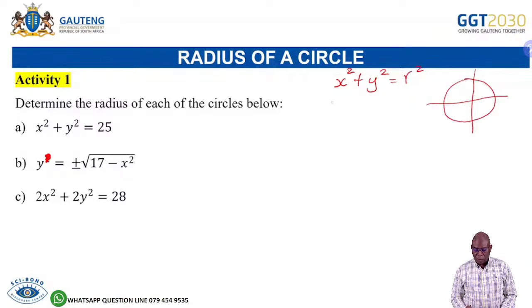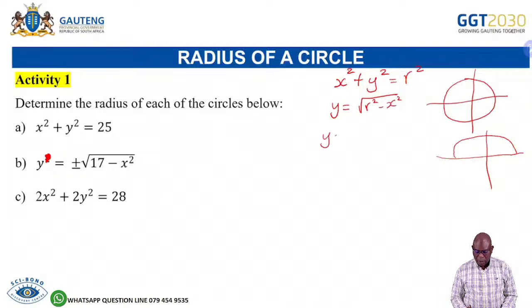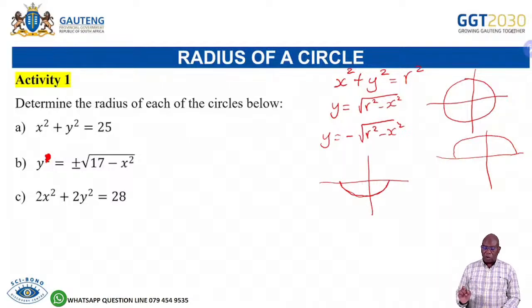If I've got y equals the square root of r squared minus x squared, that will be the circle above the x-axis. If I've got y equals negative the square root of r squared minus x squared, then I'll have a circle below the x-axis. This you must know.